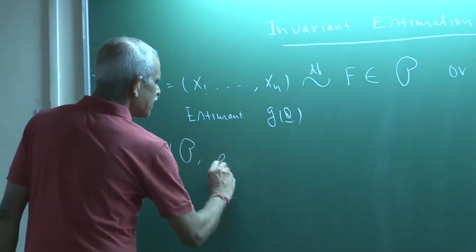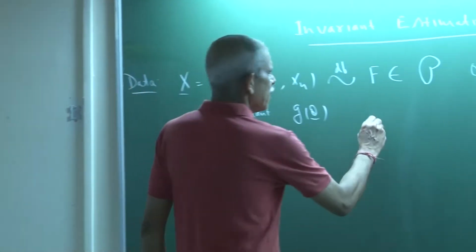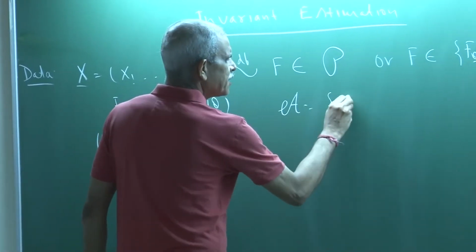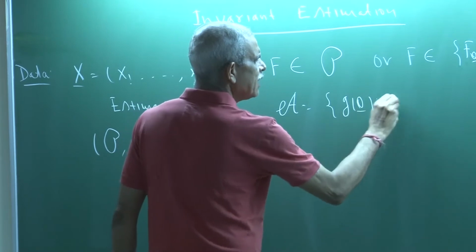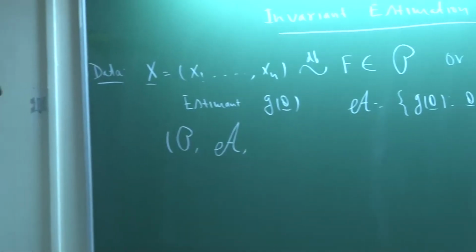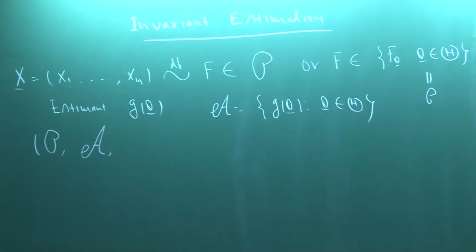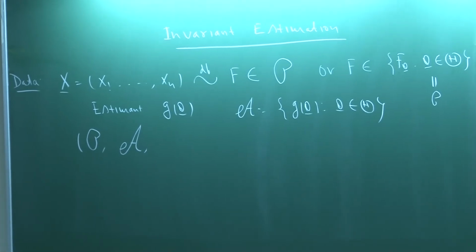So, you have P, and then you have the action space, which would normally be the collection of all possible values of g theta such that theta belongs to capital theta. To avoid confusion, let us only deal with the parametric setup, so that I do not have to write down P all the time.